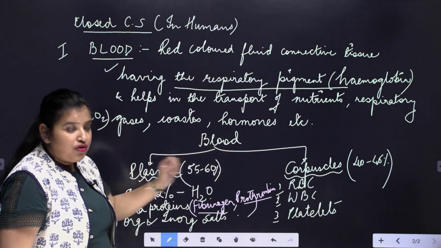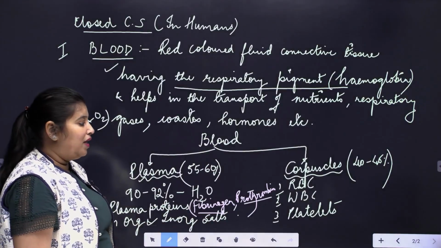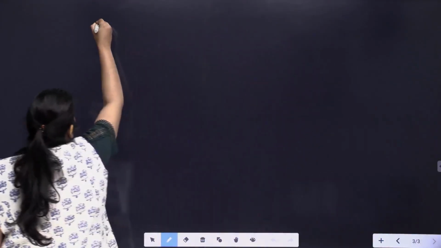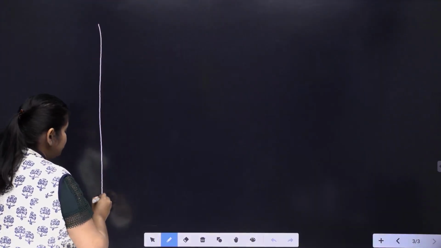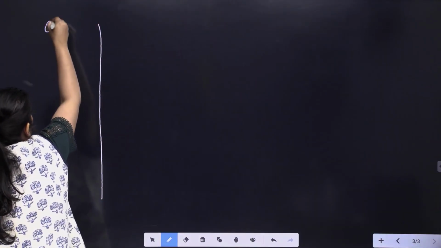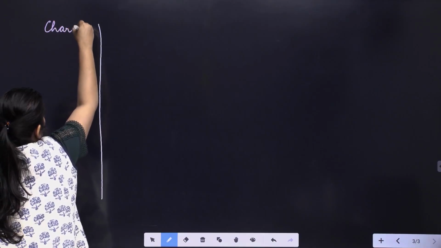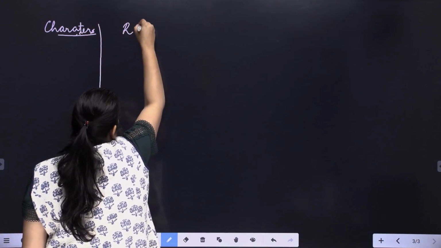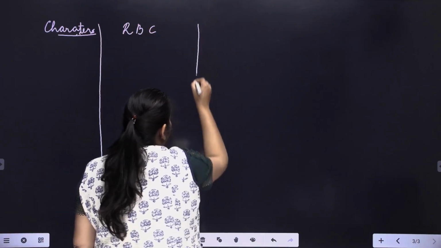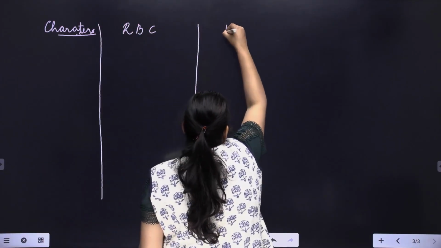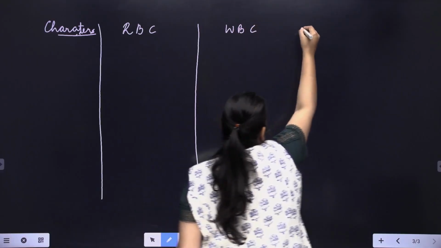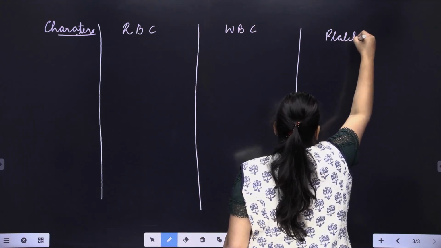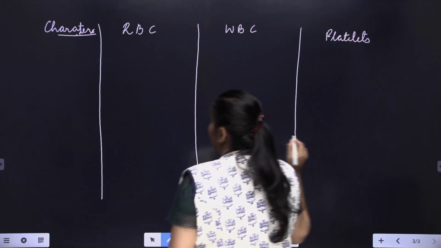Now, when I talk about the three cellular parts of the blood, I will make another table where we will study them in a differential form. Let us make a table to further create differences. We will take character as one column. Then we have the RBC, then the second type of cell, the WBC, and the third type of cell, platelets.